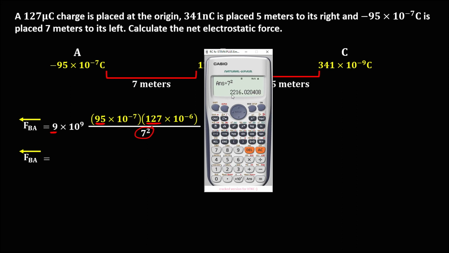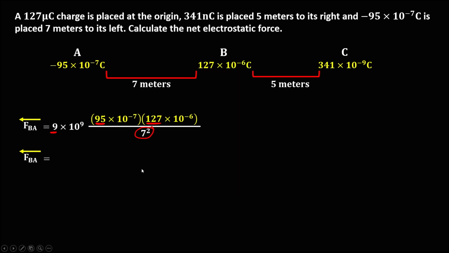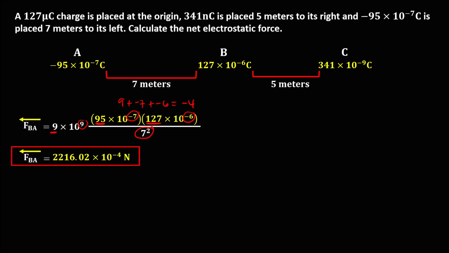So this is equal to 2216.02. Then for the exponents, add these three exponents: 9 plus negative 7 plus negative 6. So the exponent is negative 4. So times 10 to the power negative 4 Newton. So this is now the force between B and A.